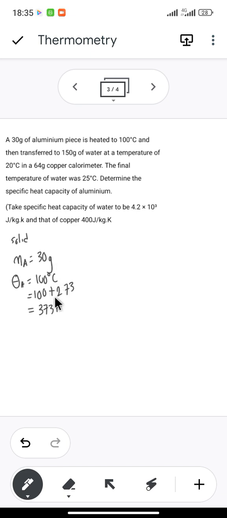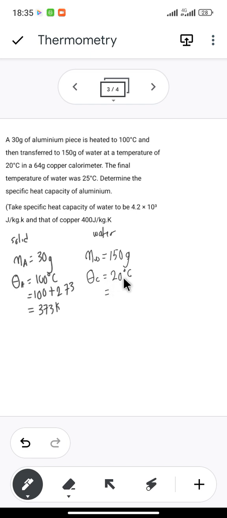Now, what else was given to us? It said, and then transferred to 150 gram of water. So we have water. We have the mass of water to be 150 gram. At a temperature of 20 degrees Celsius. So this is the temperature of the cold water, 20 degrees Celsius.